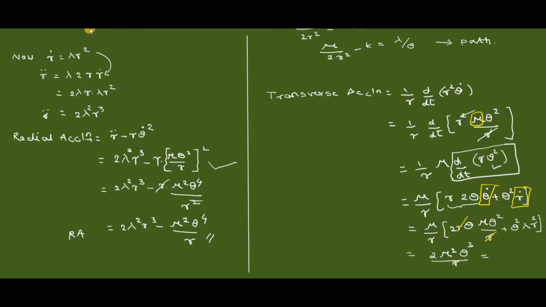Now again multiplying this mu divided by r to the second term, plus mu theta square lambda, and then one of the r gets cancelled because this is divided by r, so we are left with r. So this is the transverse acceleration.